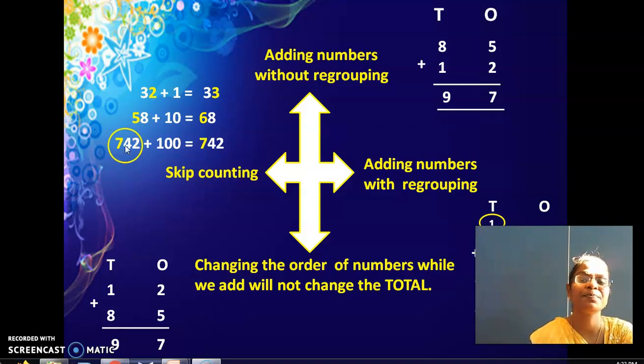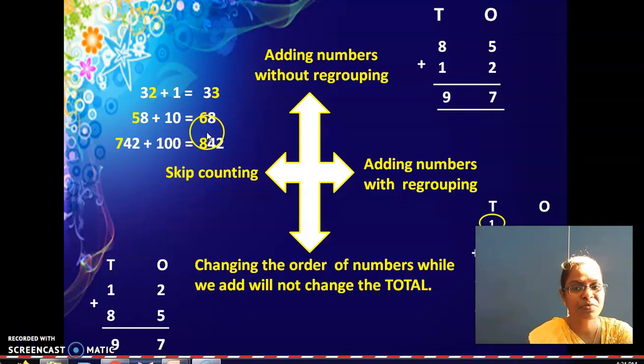Now see the next one. 742 plus 100 is equal to what? Is the value right? No, isn't it? So what happens here? When I add 100 to 742, do I get the same answer?